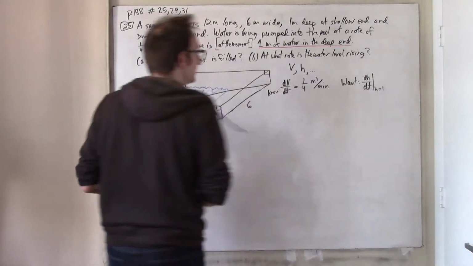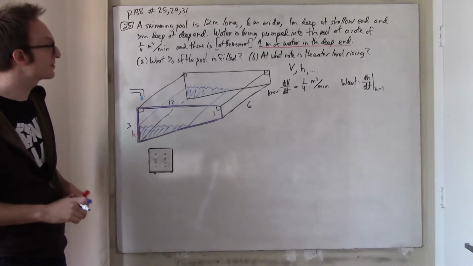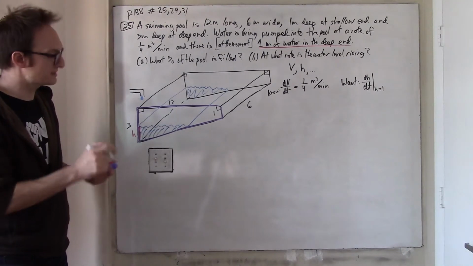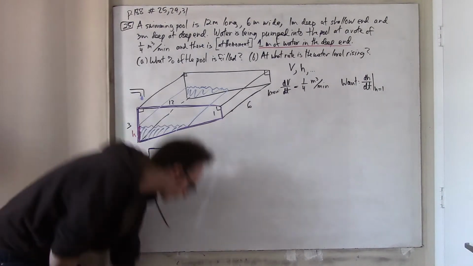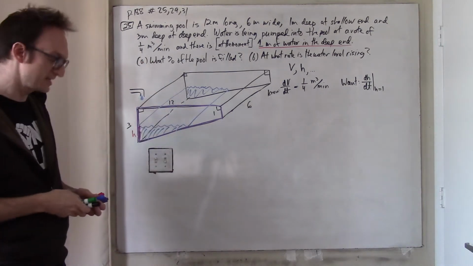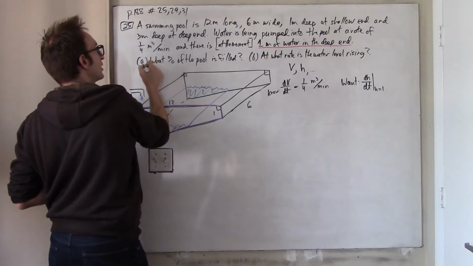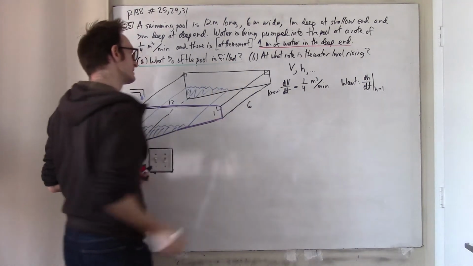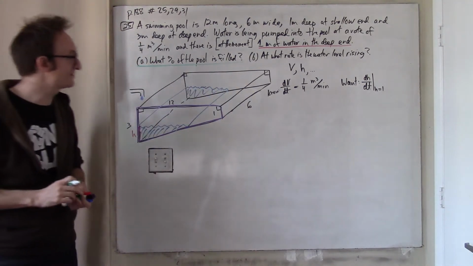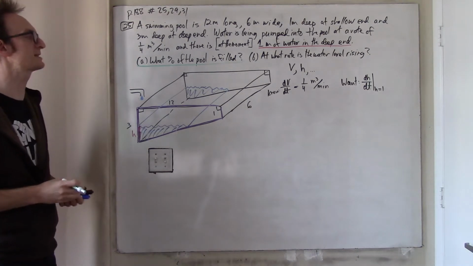Okay, now we are going to start the problem finally, and notice that they threw us a small intro kind of problem to help us through this. In other words, part A of this problem is actually not calculus at all.